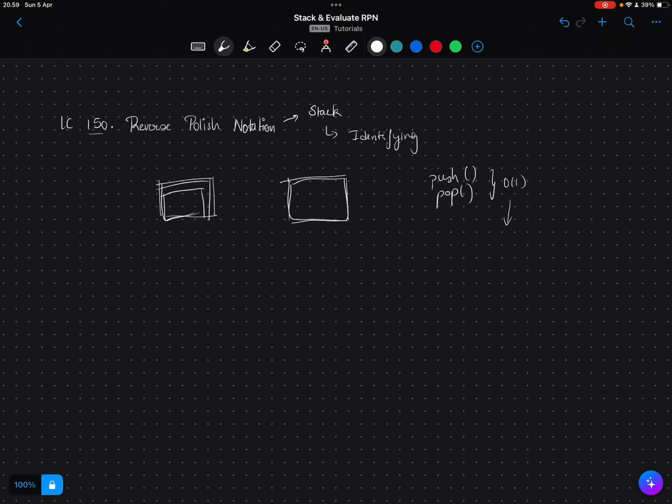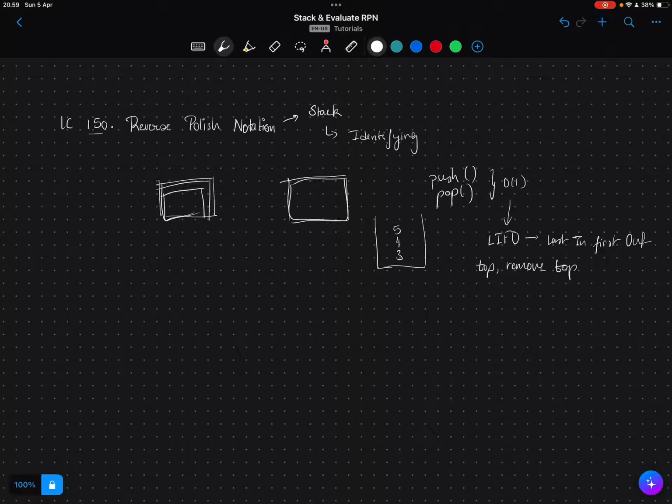The idea is basically having a way to push an element on top of the stack and then remove from the top. We call it a LIFO data structure, last in, first out. Another way to think about it is like a container.